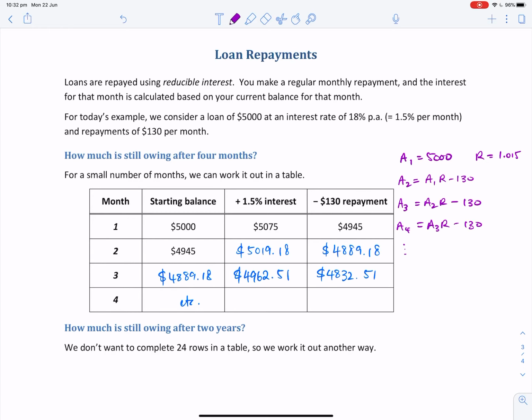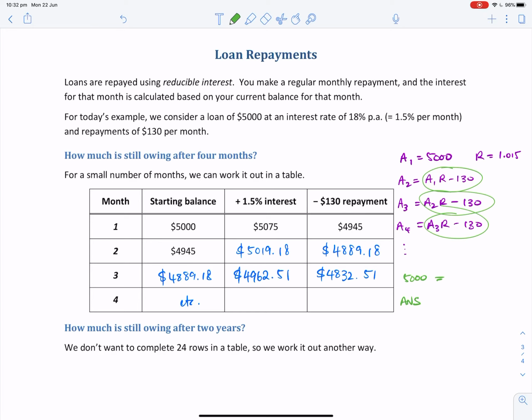So how do we do this in a calculator? I'll write the steps down. Write 5,000 equals. So now 5,000 is in the answer memory. And then these all have the same structure, don't they? The A1, A2, A3 is the answer.